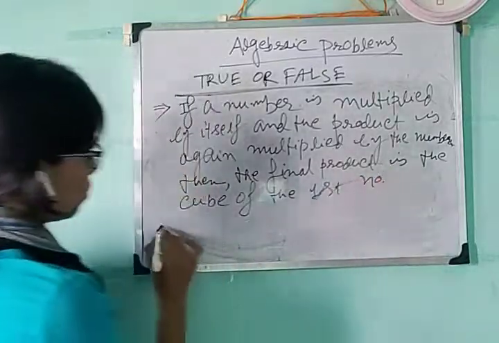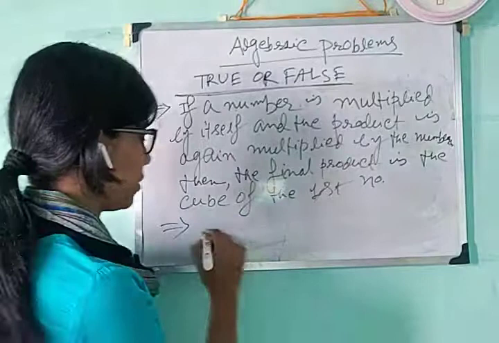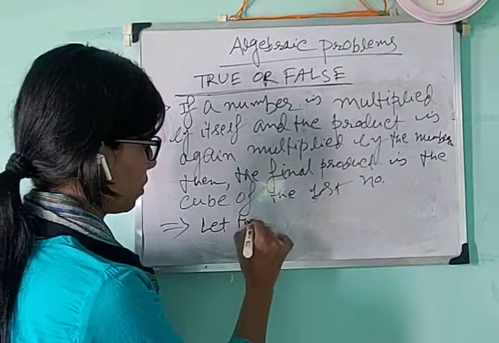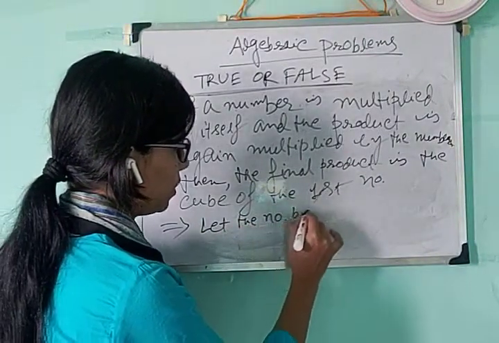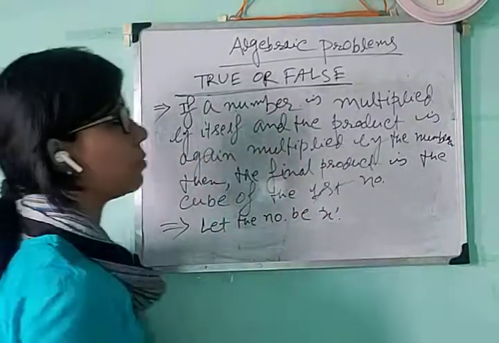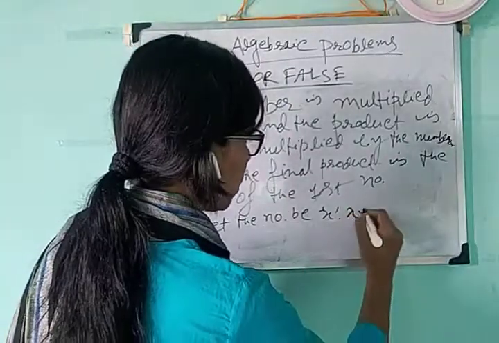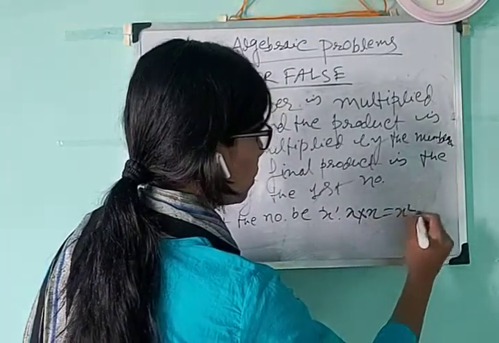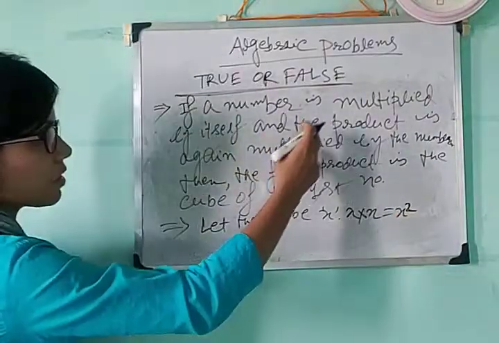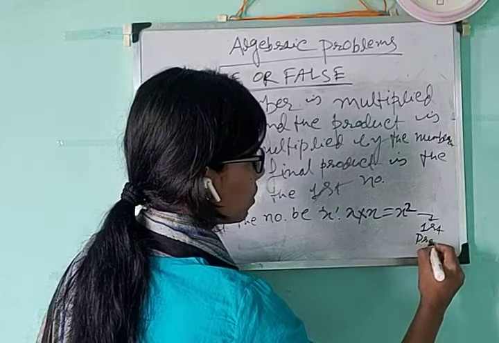Let us first assume that the number is x. The statement says that the number is multiplied by itself, that is, x into x equals x square. This is the first product.